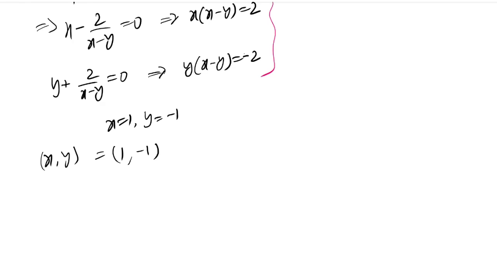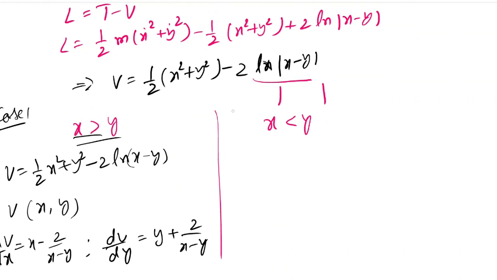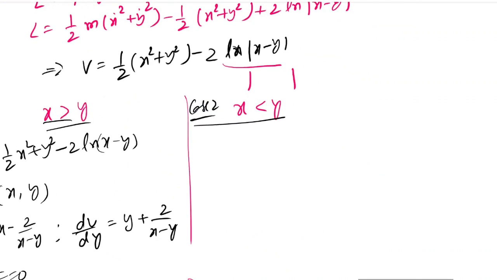Okay. Now similarly we will go for the other case. So that means case 2, it is x less than y. Similarly we will proceed. So here v is equal to half into x square plus y square minus 2 into ln of y minus x.